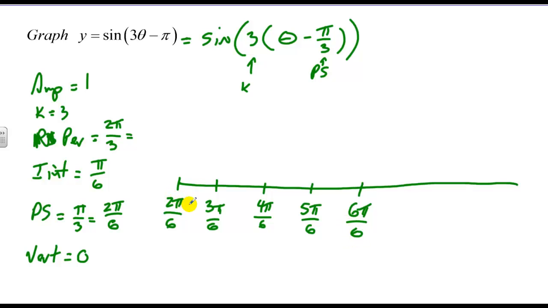And you'll notice between these two is 4 pi over 6, which is 2 pi over 3, or 1 period. I'm going to graph sine from here. It has an amplitude of 1, so I go from 1 to negative 1, and just graph a regular sine function starting at 0, 1, 0, negative 1, 0. And I go ahead and graph.